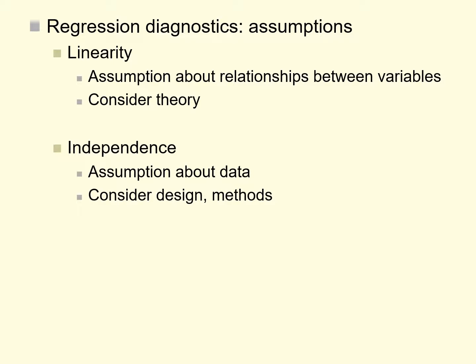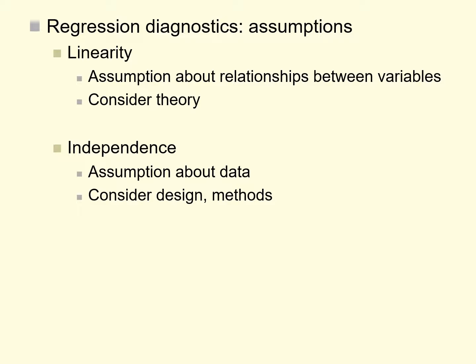Another assumption that we make is the assumption of independence. Here we're assuming that scores on the outcome variable for individual cases are unrelated to each other. We've talked a little bit about this in the previous unit, so I won't get into this too much more, but I will note that this is another one of those assumptions that we don't really test so much as we kind of think about. We think about the nature of our research design and our research methods.